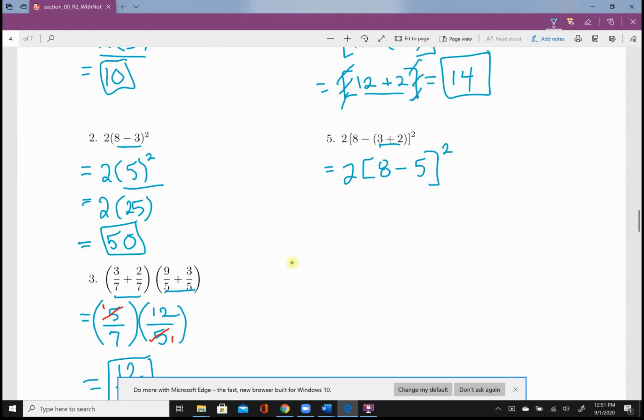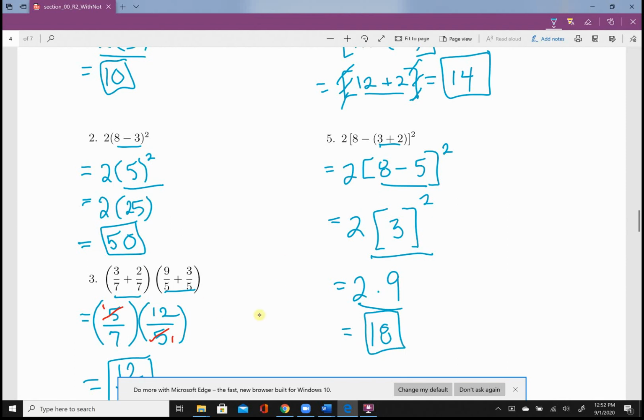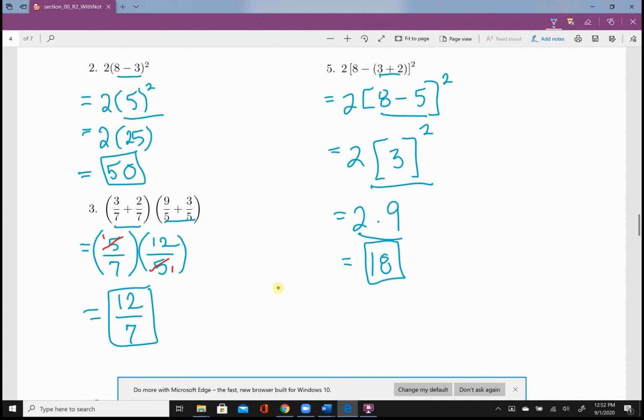We still have one more operation to perform inside of a grouping symbol, so let's do that first. That'll yield 8 minus 5 is 3. At this point we should deal with the exponential expression. So that'll be 2 times 9, because 3 squared is 9. And then lastly, of course, there's only one operation left, the multiplication. And that'll yield a final answer of 18. Cool, cool, cool.